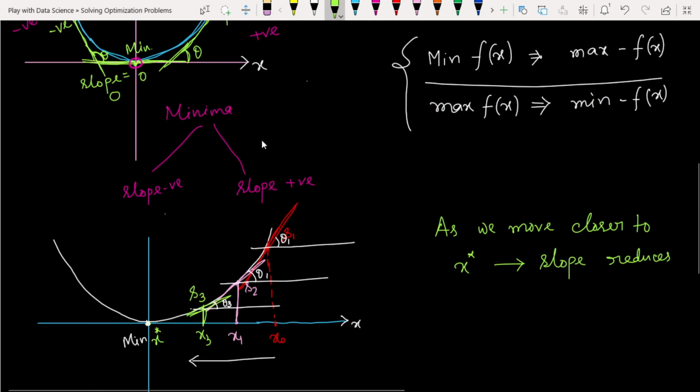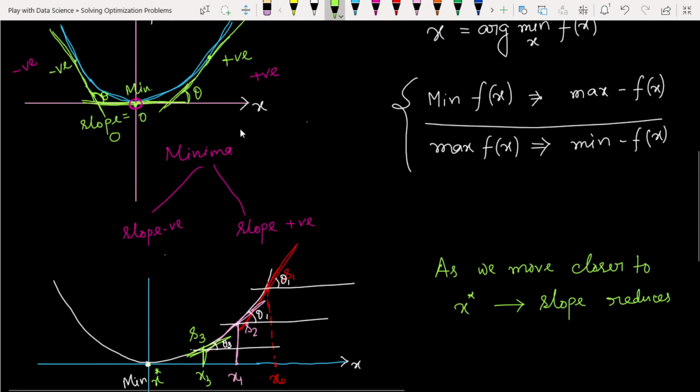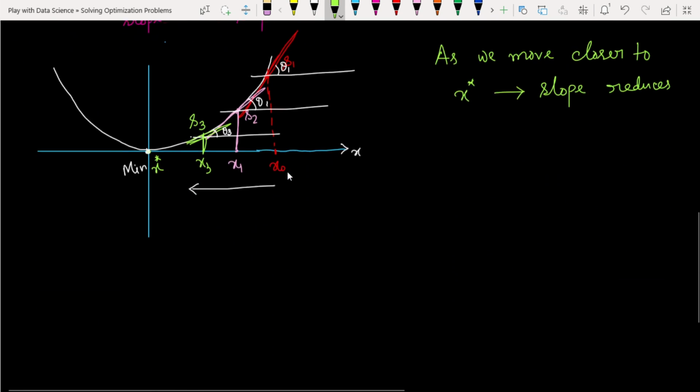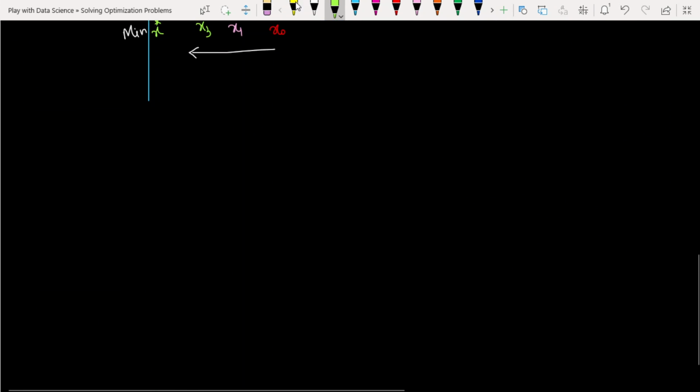Now, using these two simple concepts, we come to the gradient descent technique.